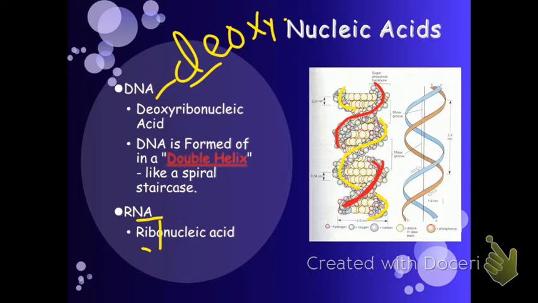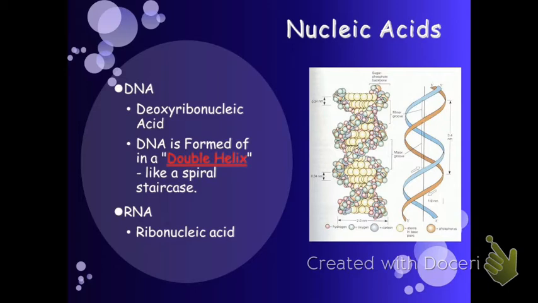That's a little more detail than what you're going to need to remember. But just know that ribo means sugar, and deoxyribo has an oxygen removed from it, and then it creates this double bond, and it spirals up on itself to make this double helix.